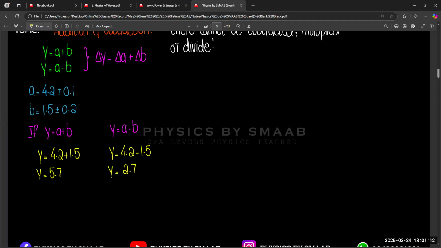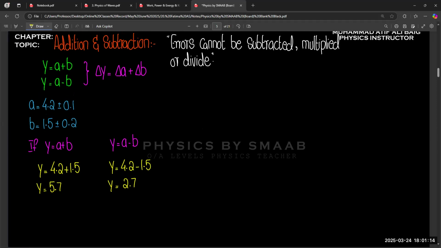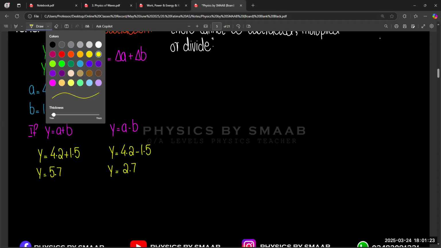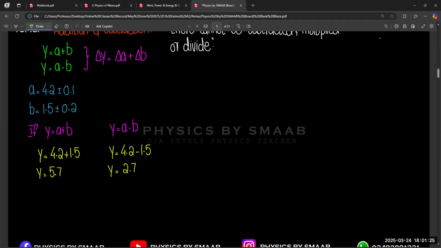And uncertainty, as we already discussed, we need to add the errors. So errors will be the same. So we have to just combine them like this.